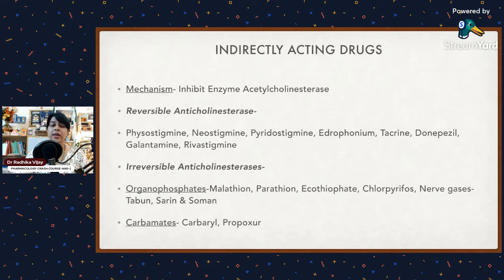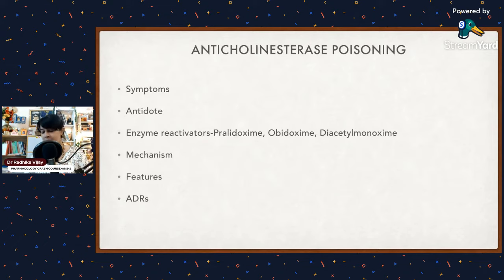Now, talking about anticholinesterase poisoning, the signs and symptoms are simply extensions of the pharmacological actions of acetylcholine. And what signs and symptoms can you expect in such cases? Pinpoint pupil, salivation, lacrimation, sweating, bronchoconstriction, urination, diarrhea, hypotension, bradycardia, coma, etc. Blood pressure and heart rate sometimes, rarely, increase when the nicotinic receptors are stimulated.